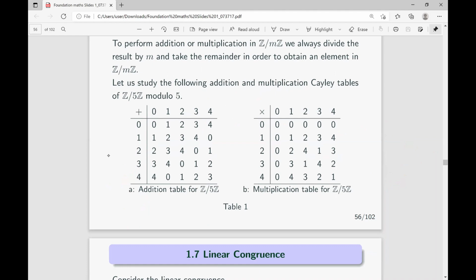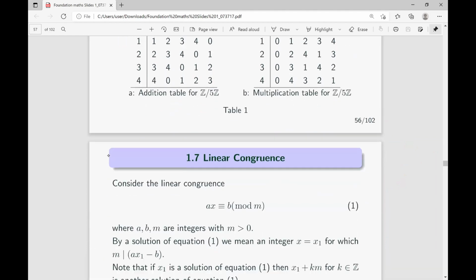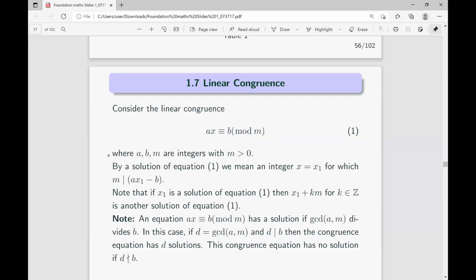I want to look at linear congruences and how to solve a linear congruence. Consider this linear congruence: A times X is congruent to B mod M, where A, B, and M are integers, and M is greater than 0. What do we mean by a solution to this equation?